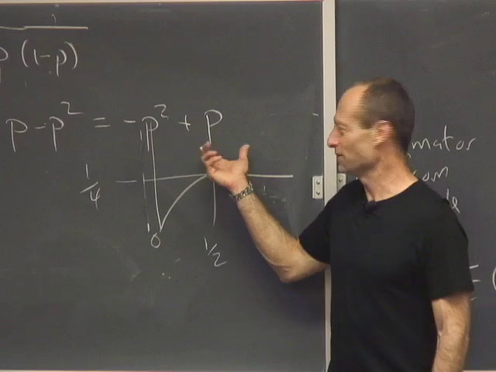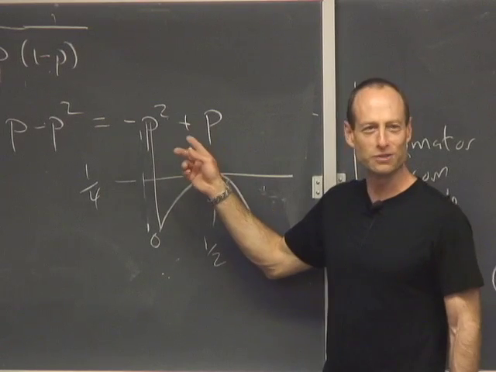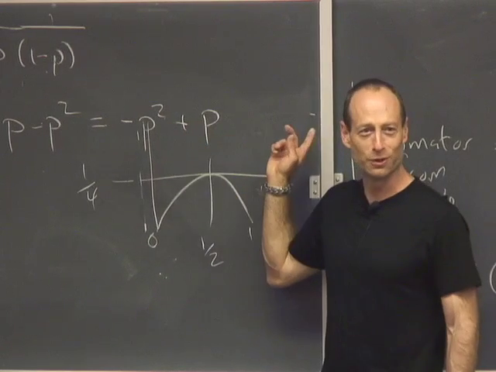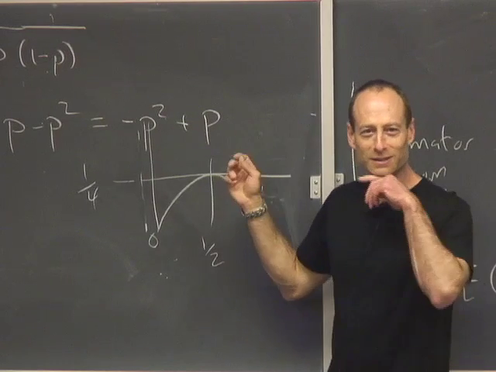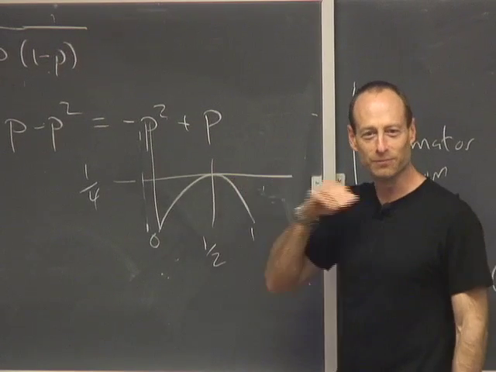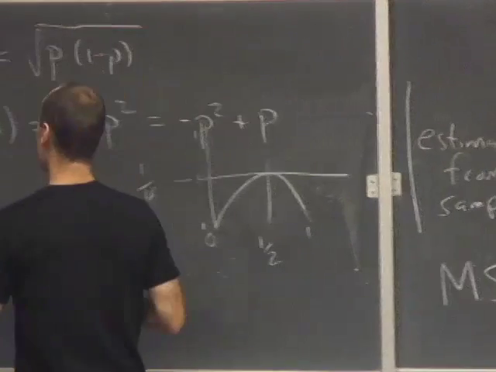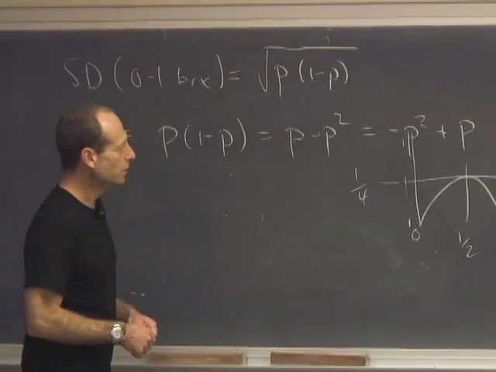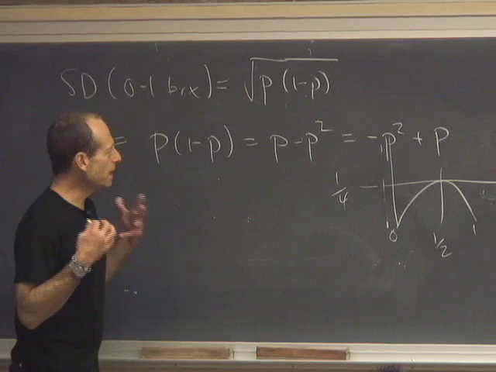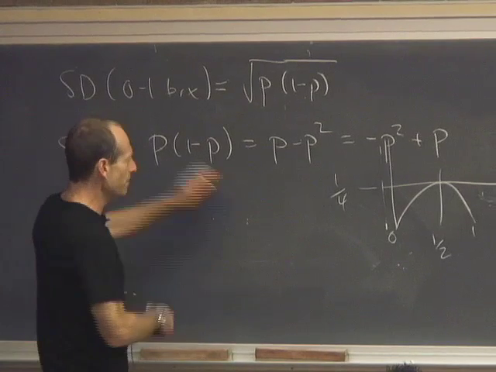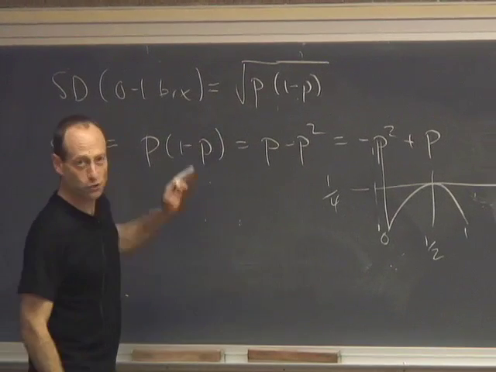And how do we know that the maximum is at 1/2? We could do 15 seconds of calculus, differentiate this. We get minus 2p plus 1 equals 0, so p is equal to 1/2. It would be the stationary point. So if we have a 0, 1 box, the SD of the box could be 0.